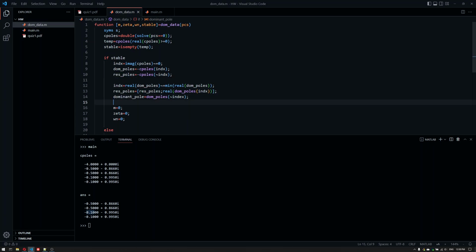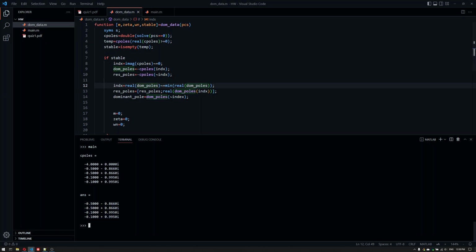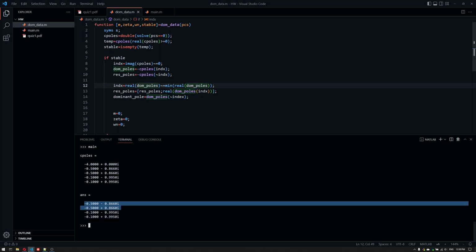So let me show you what I mean by that. So I'm looking for the index where the real part of the dom poles, basically these two pole pairs here, I'm looking for the ones which are not the minimum. So I'm looking for 0.5 plus minus that. This index is going to be holding that information. Since I'm interested in these, I'm just picking them and adding them to the residue poles.